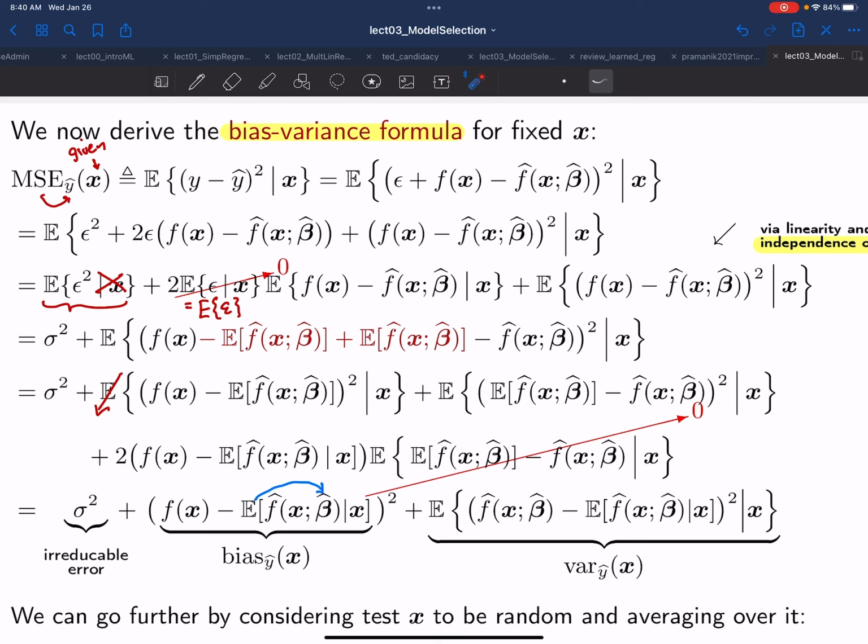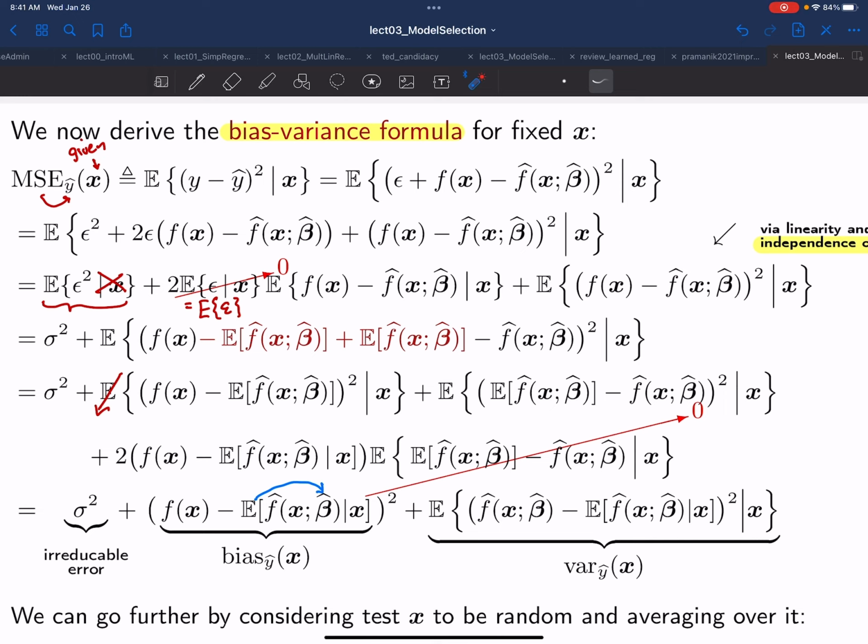The last quantity: notice that the true model occurs in the bias expression, but the true model doesn't occur at all here. This is all about the predicted model, and it says, how much does the predicted model deviate from its average? The more variation you get in the predictions around its average, the larger this variance gets. This is the average of the squared difference.